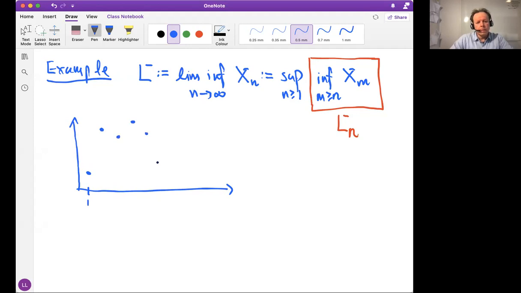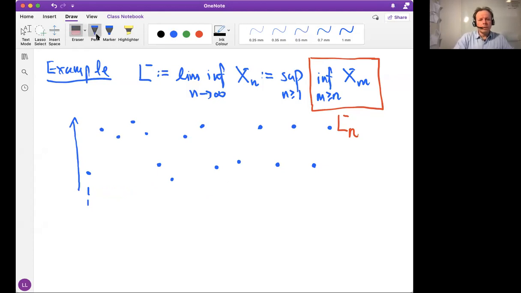And then at 3, we may have a value here. This is not an easy thing to draw, but let me try to do my best. So maybe we assume that from then on, we get alternating things with this type of setting.